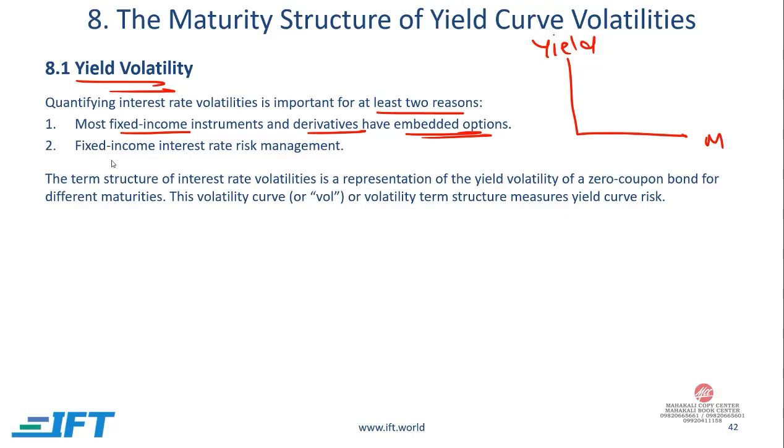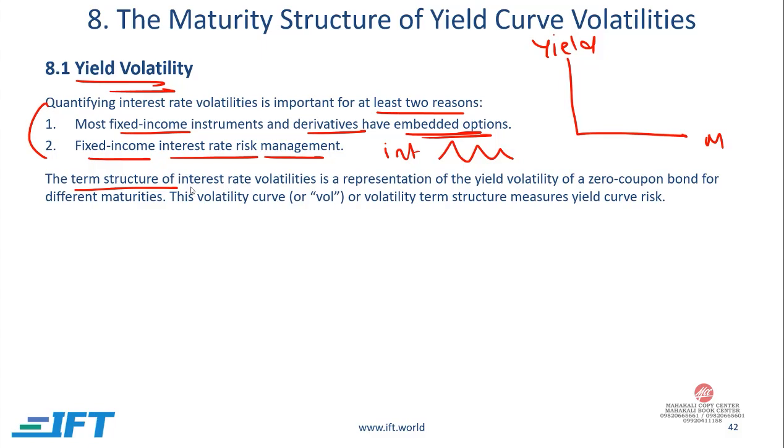Also, this is important for fixed income interest rate risk management. As we know, with fixed income securities, the price and value depends heavily on interest rates, which means that if interest rates are more volatile, then the risk of fixed income instruments will also be more. So for these reasons, it's important to understand yield volatility.